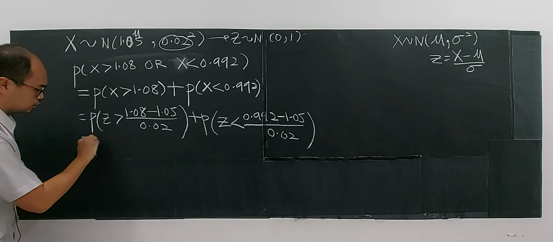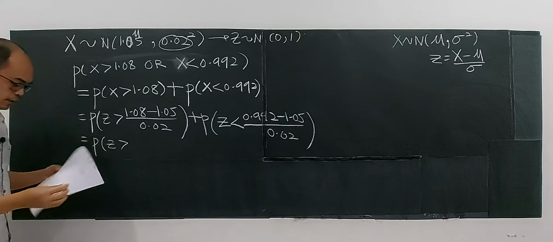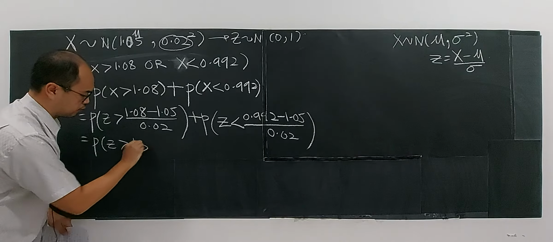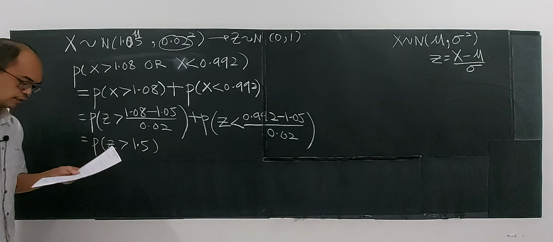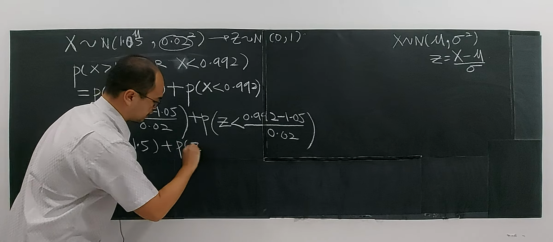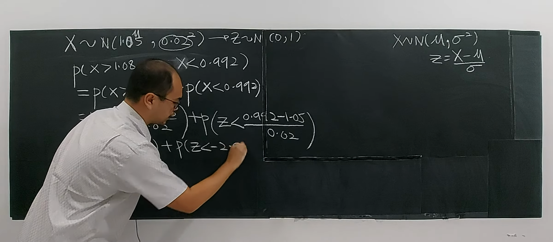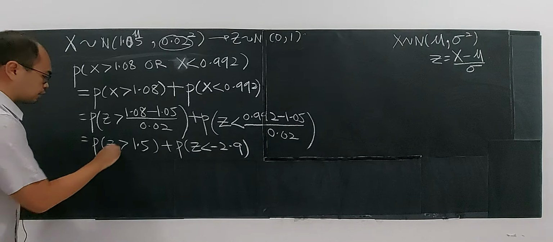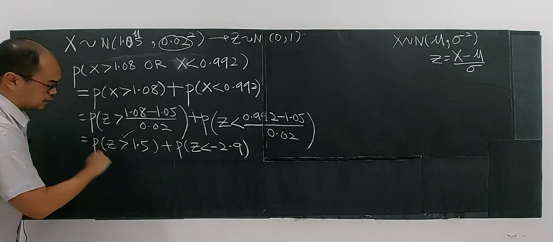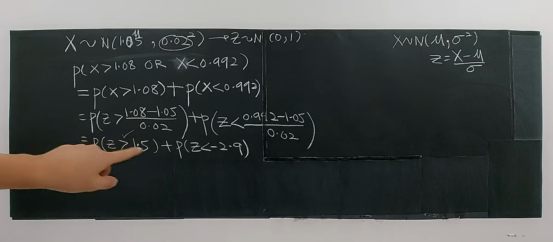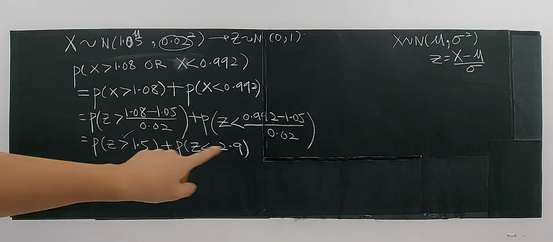So later on, you know that P(Z greater than 1.5), if you calculate with a calculator, plus the probability of Z less than negative 2.9. You can read this from the statistical table. The first one is already greater than a positive value of 1.5, but for this one you should do some modification.